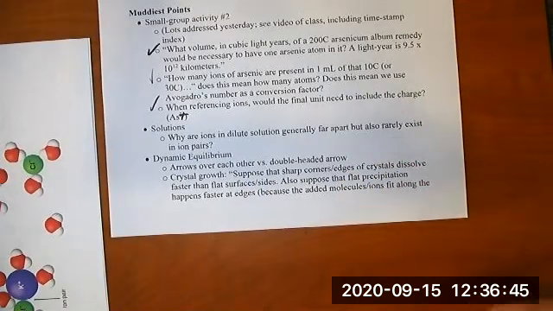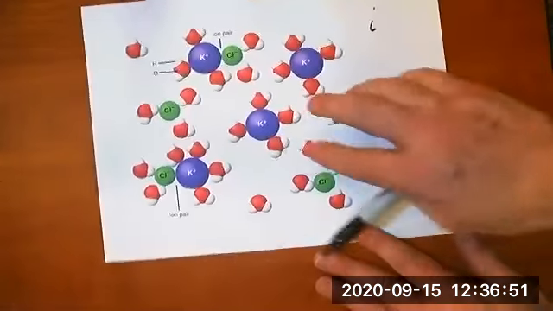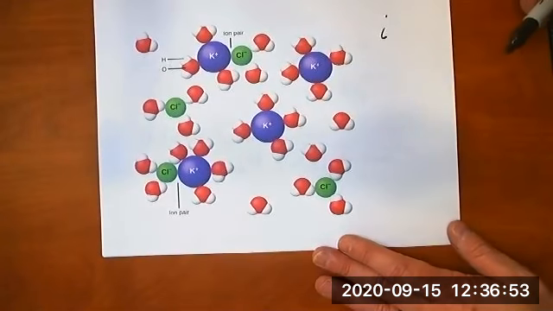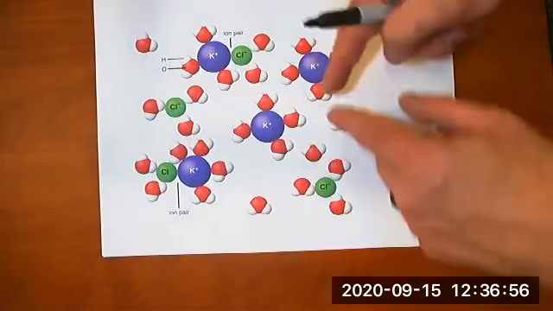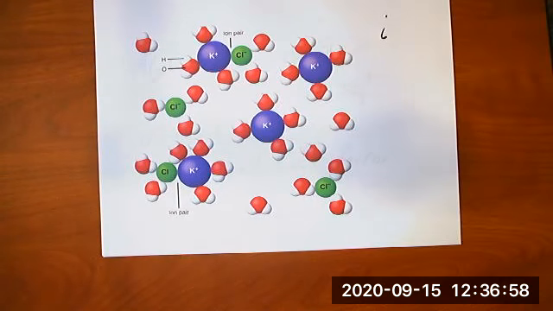This is comparing dilute solution to concentrated solution. If you think about this as a dynamic equilibrium, with ions coming together and then coming apart, the more concentrated your solution is, the more frequently they are going to be running into each other, so the more frequently they will form an ion pair.